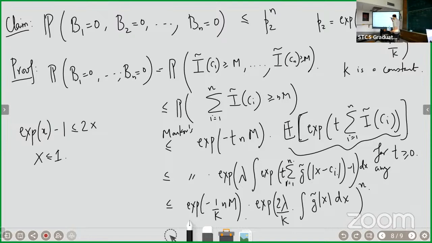Some manipulations that way. The important point is this N is also here, so I can bring this inside and get a power. This is precisely what it is now.